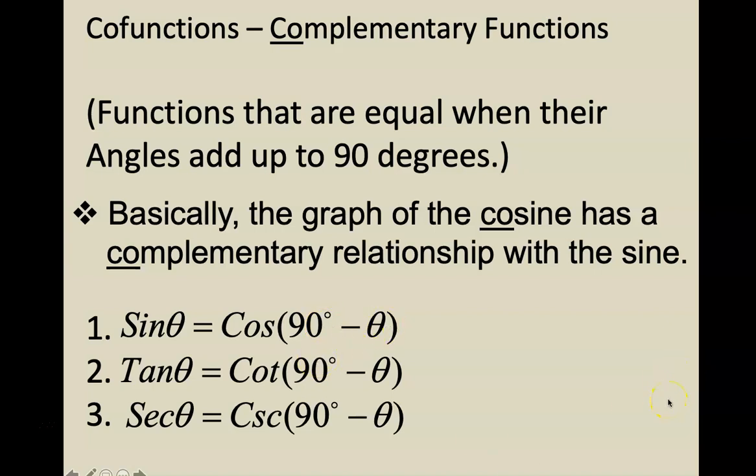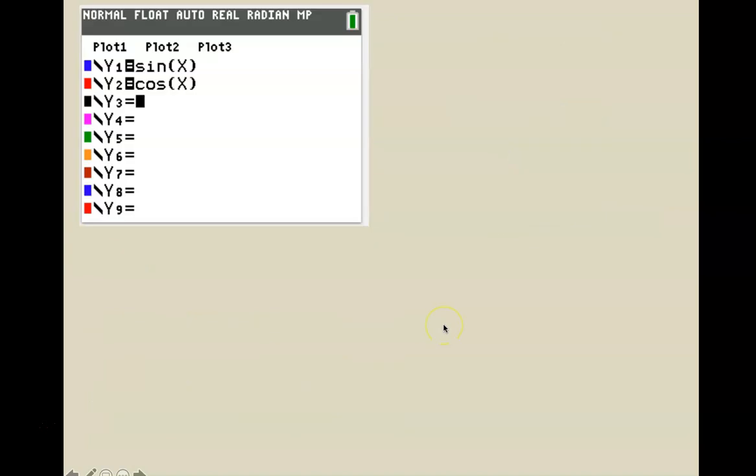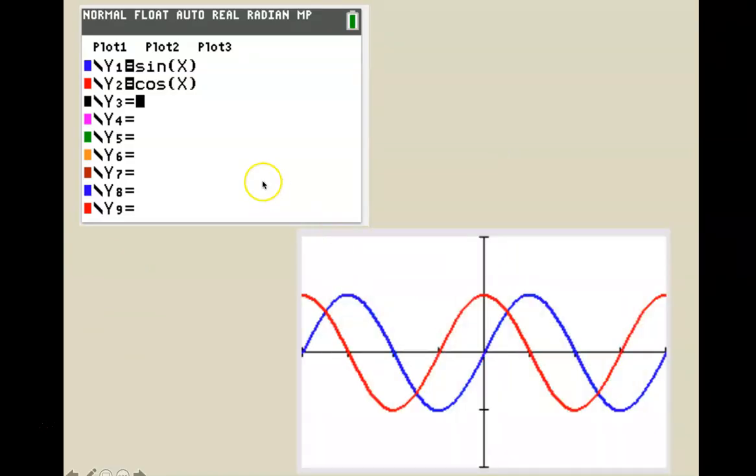I want to take a little different approach at this. Let's think of this in terms of graphing transformations. So I'm going to give you 2 graphs here. These are just some screenshots from my calculator. The sine function is graphed in blue, cosine is graphed in red, on intervals from negative 2 pi to 2 pi. I hope what you see is that the sine and the cosine are basically the same shape.